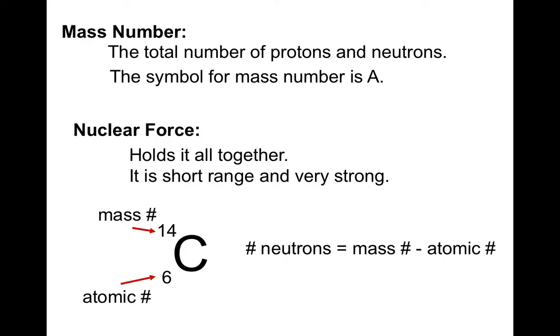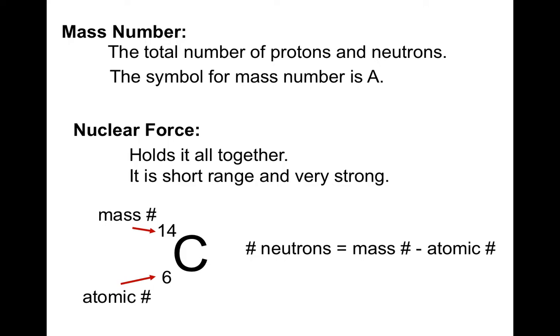Underneath that, you see a carbon atom. This is the symbol that you would see, and from this, you'd have to pull out information. You'd have to pull out the atomic number, and then you'd also have to pull out the mass number. Looking at this, this is carbon, you see that you have an atomic number of 6, which tells you the number of protons.